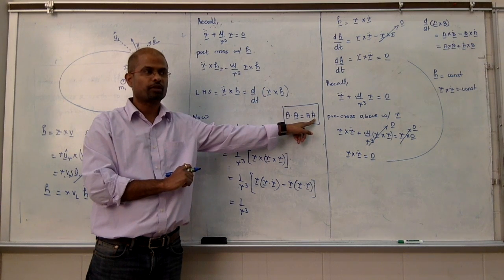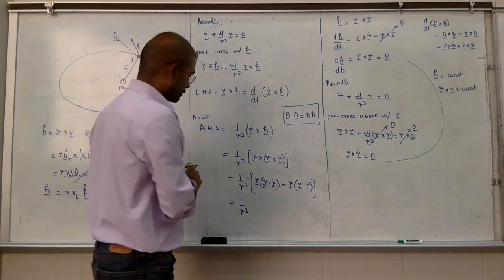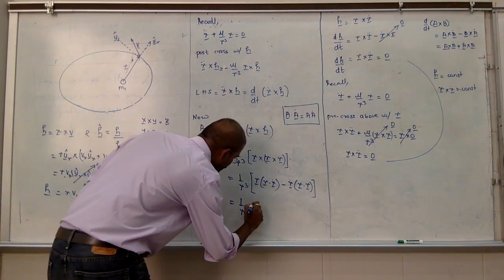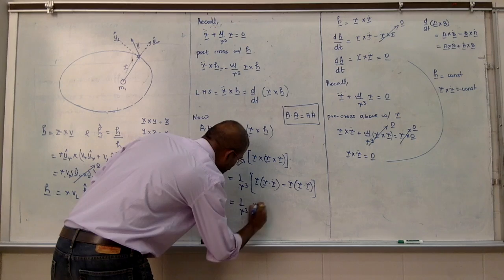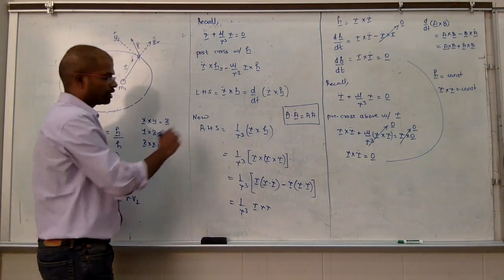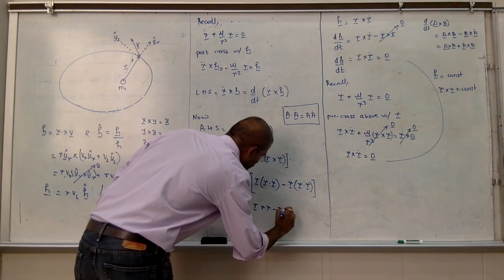It's due next week. So we'll apply that identity here. What you're going to get is r dot minus r dot r squared.